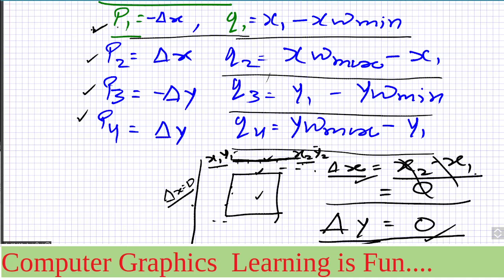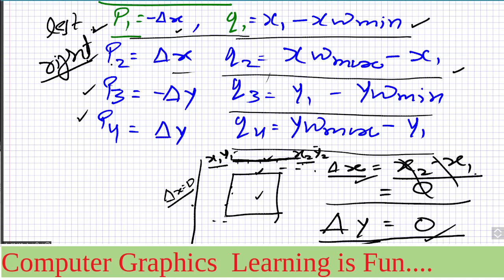P1 is related to the left boundary. P2 is related to the right boundary. How do you understand? Related to the x value. It is on the minimum part, and this is on the maximum part, right?